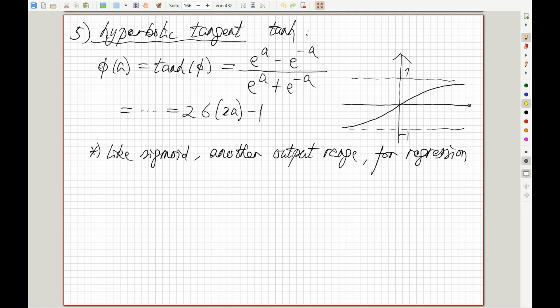Today I would like to first continue with the discussion of the activation functions. Then, second topic, I am going to present to you the so-called universal approximation theorem of neural networks. This theorem tells you why a neural network is universal, why a neural net can be used everywhere to approximate given systems.